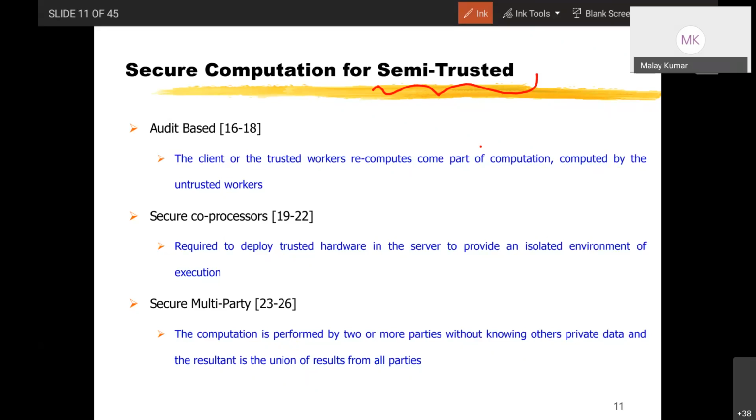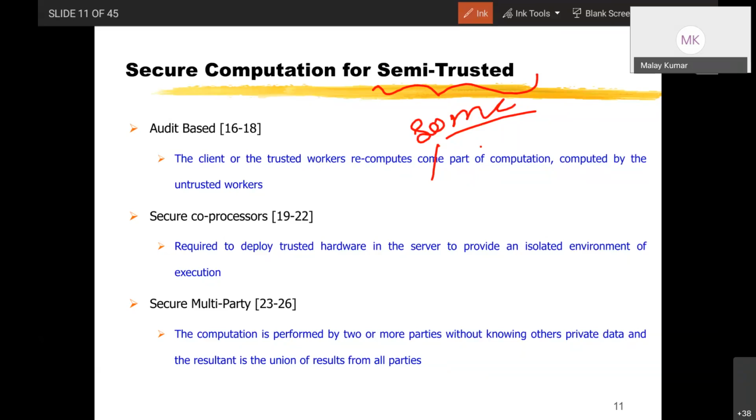In the semi-trusted model, the client or the trusted workers recompute some parts of the computation done by the untrusted workers. Suppose there is a quorum of 20 workers performing the computation.